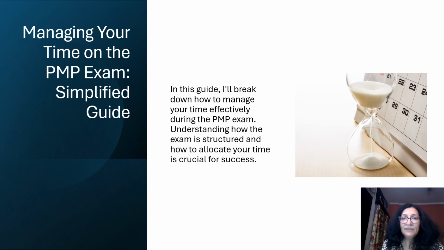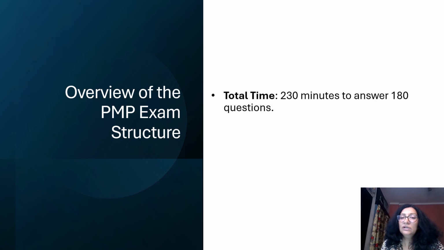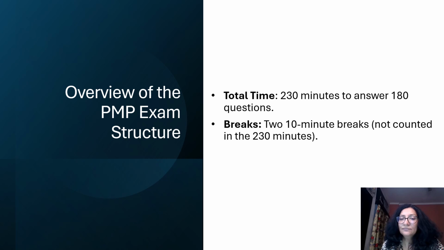So let's get started. The total time for this exam is 230 minutes to answer 190 questions. There will be a 10 minute break, which is not counted in the 230 minutes. This is a separate 20 minutes that you will get apart from the 230 minutes.